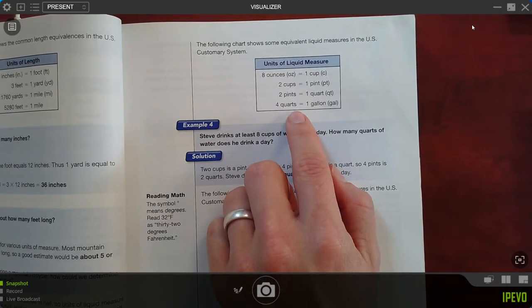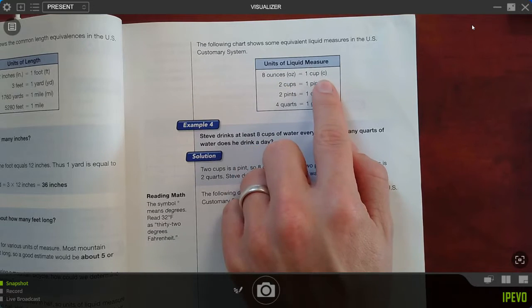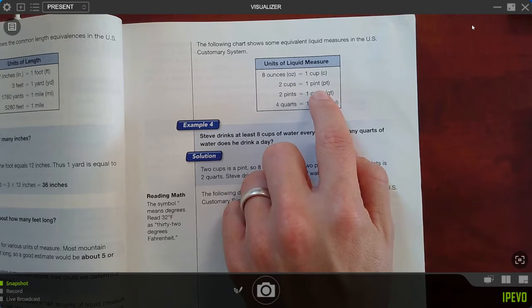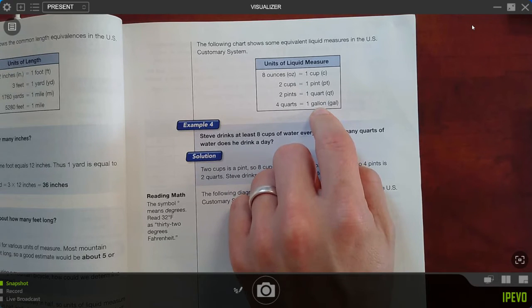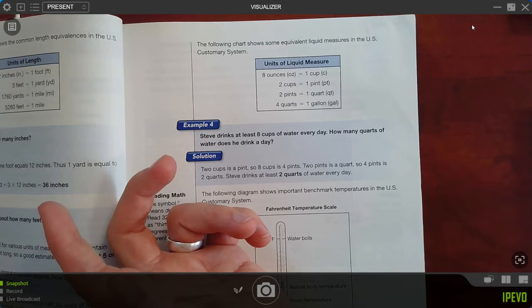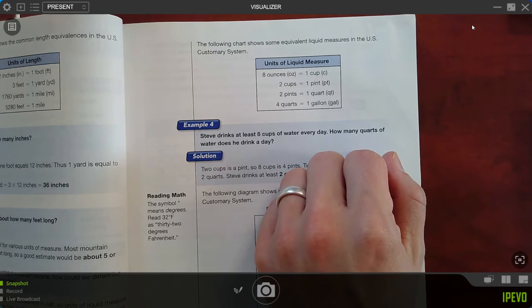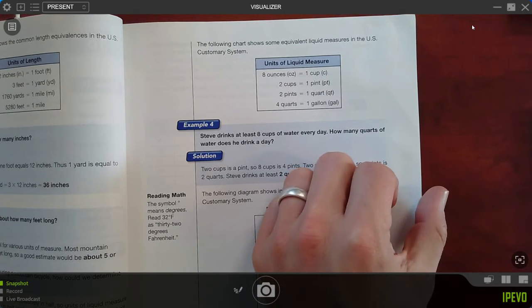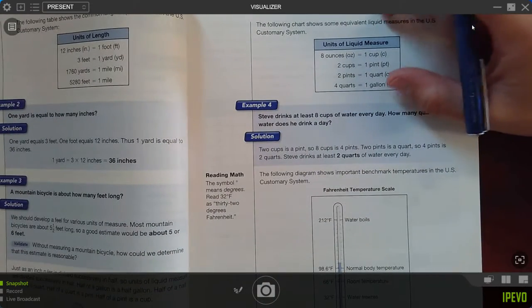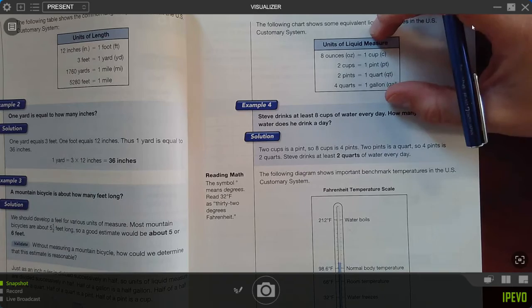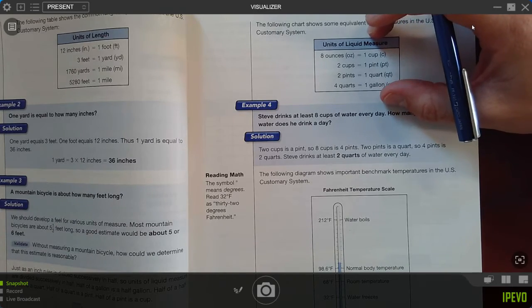Units of liquid measure, we have 8 ounces to a cup, 2 cups to a pint, 2 pints to a quart, 4 quarts to a gallon, okay? Not as nice as base 10, but still pretty easy. Halves and 4s and 2s. And now again, I'll go over why this system developed and what was very useful about it.